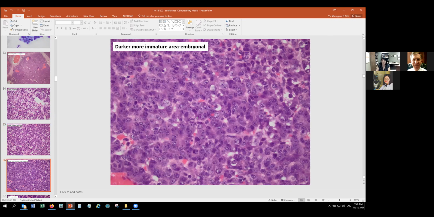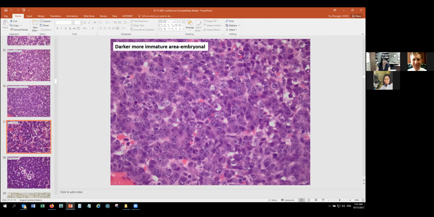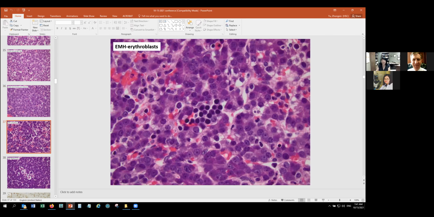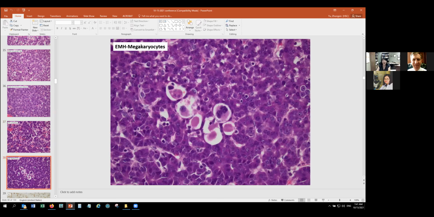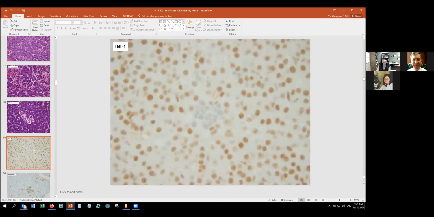And this is the embryonal type, high NC ratio. If you go back and look at the digital slide, you will find a lot of these cases. And there are areas with megakaryocyte differentiation.